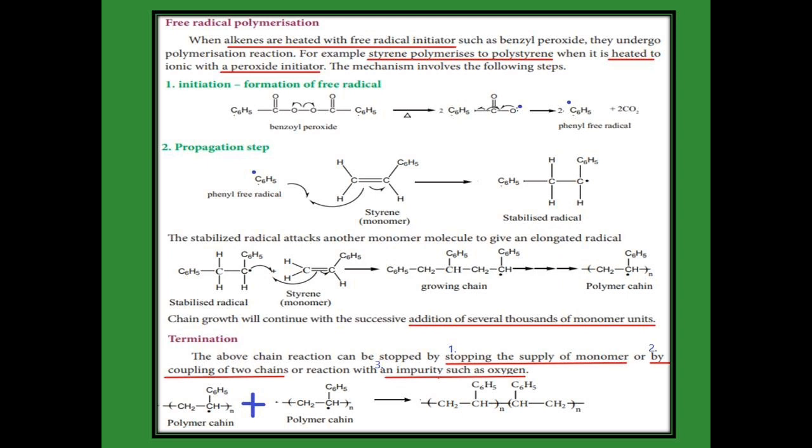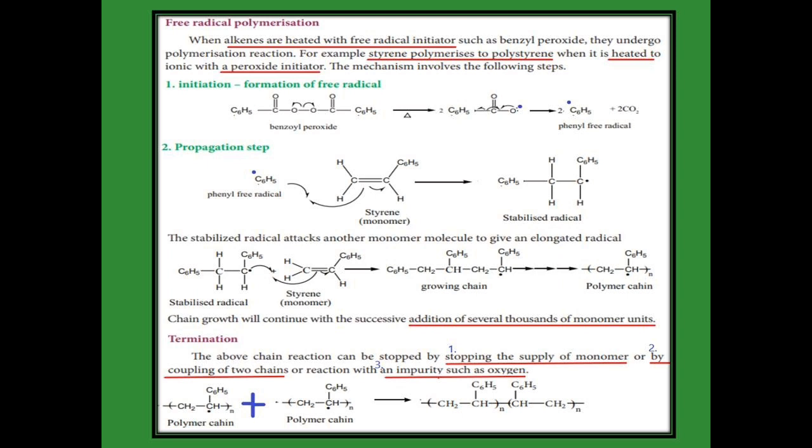Now the third step, termination: the polymer chain can be stopped by three processes. The first is stopping the supply of monomer, that is styrene. The second is coupling two chains: if two polymer chains are joined, the chain process will be stopped.